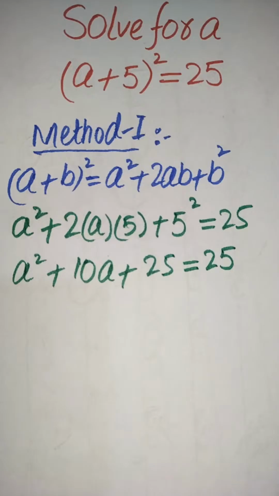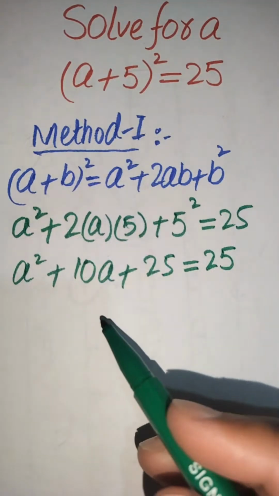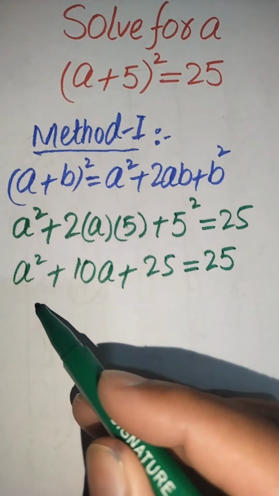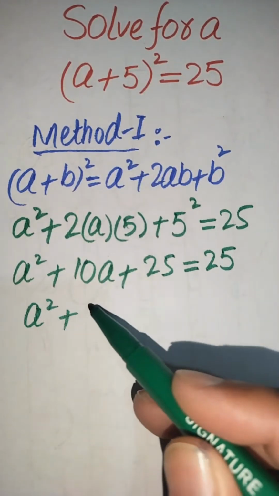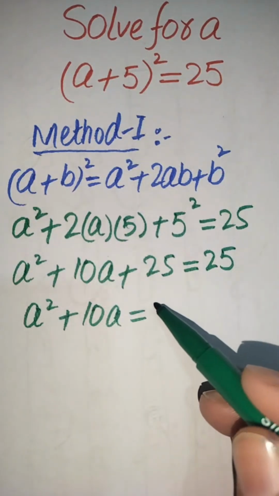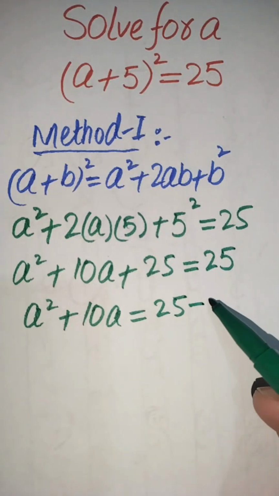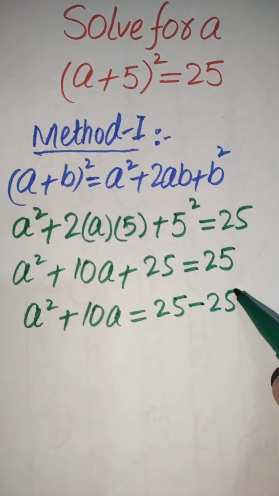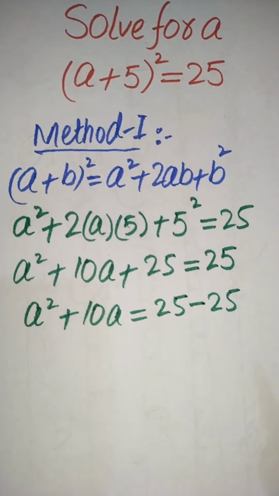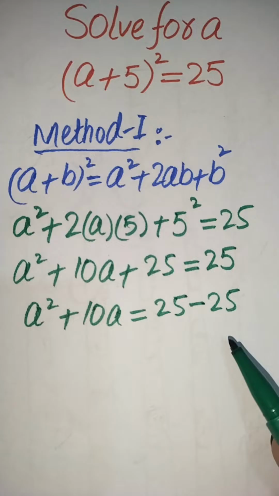Further, we move this 25 to the right hand side, and it becomes a square plus 10 times a is equal to 25 minus 25, because when we move a positive term to the right hand side it becomes negative.